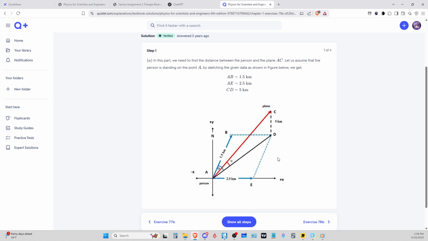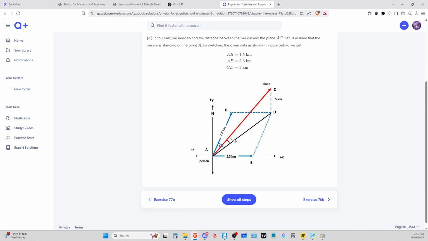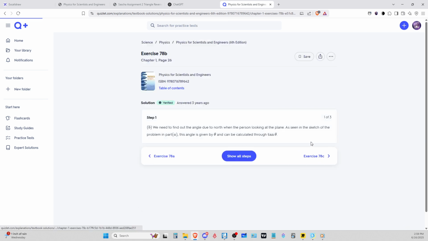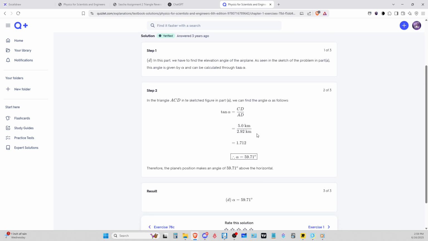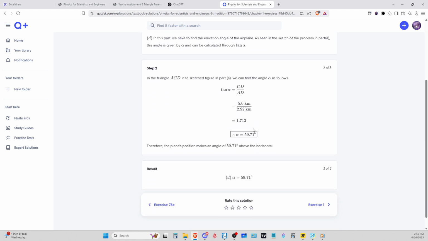That's very interesting. And I'm guessing alpha is supposed to be from looking from the z direction. Which is how we got this right.